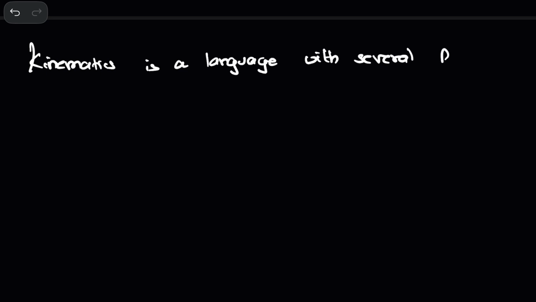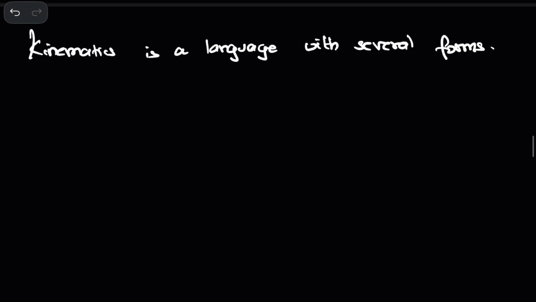So kinematics is a language with several forms. What do we understand by this? Motion can be described in several ways. A student must learn how to move between them. You want to know how they are usually described. So motion can be described in words.